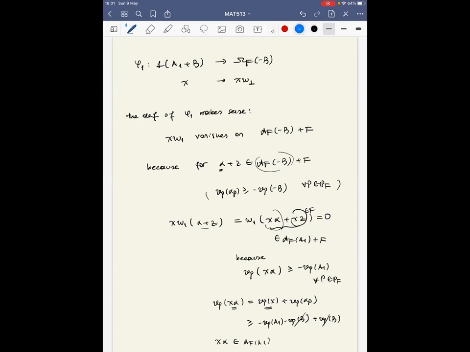So that means this sum belongs to this sum of vector spaces, and since omega 1 vanishes on the adele space of the divisor A1 plus F, we can see that this is indeed 0.